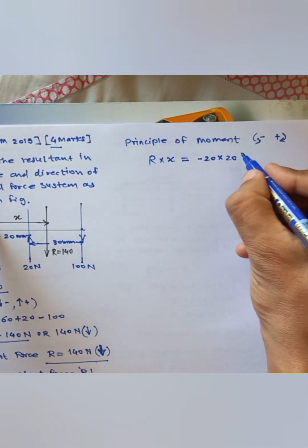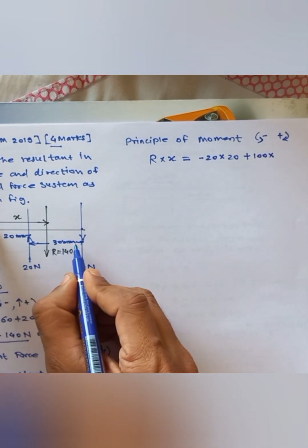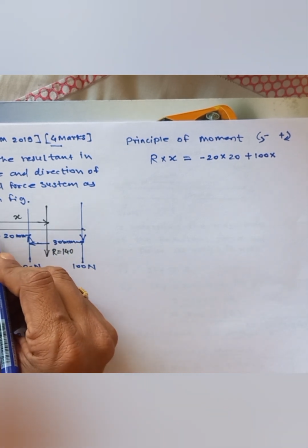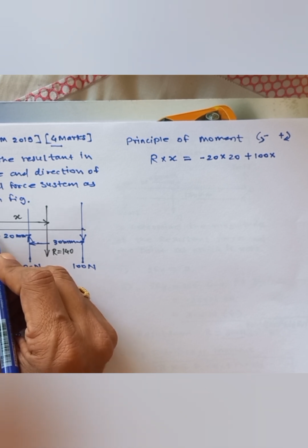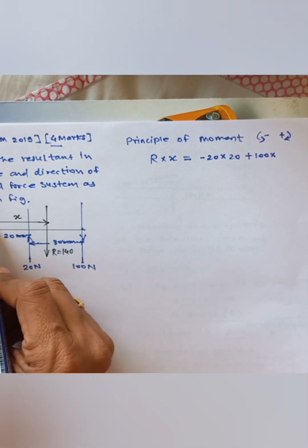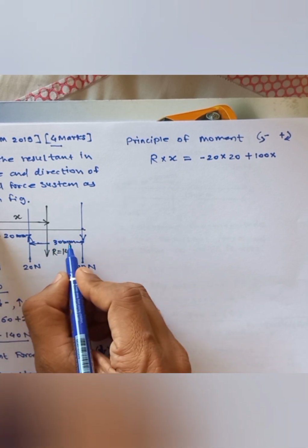So plus 100. Now, very important about the distance. You have to take the perpendicular distance up to the point about which you are taking the moment. You are taking moment about O, so the distance should be the complete distance. So it is 30 plus 20, not simply 30. Many students make a mistake here.